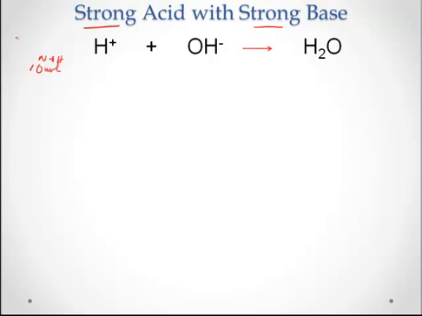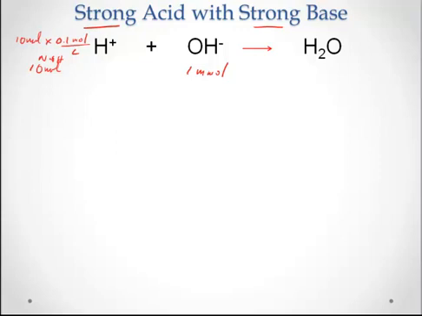I take my 10 mils, multiply it by 0.1 mole per liter, and I get 1 millimole.